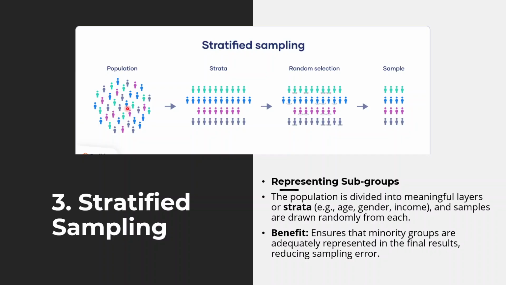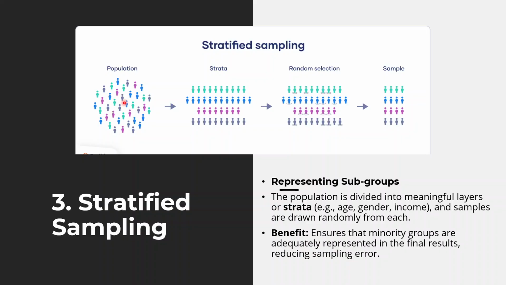Then if I had gone with either simple random sampling or systematic sampling, there was always a chance that these two yellow images would be skipped. That means there will be no representation of yellow at all in the sample.